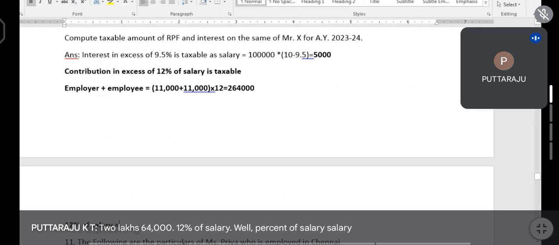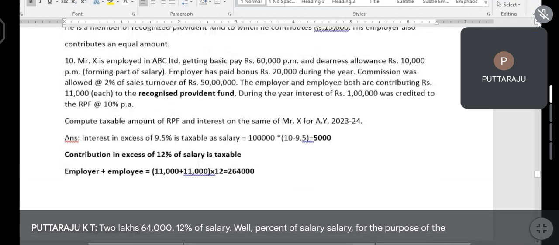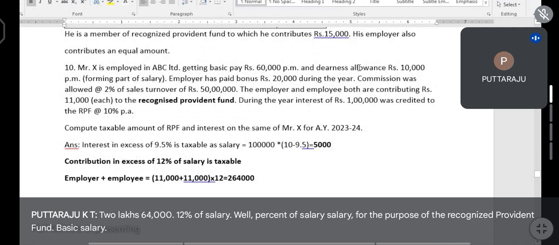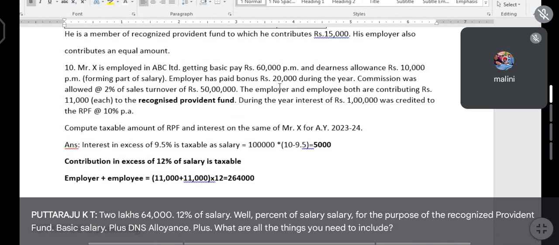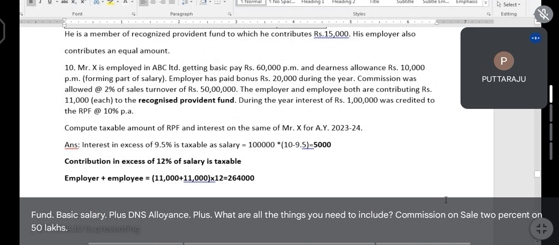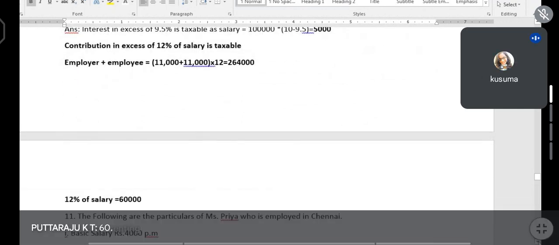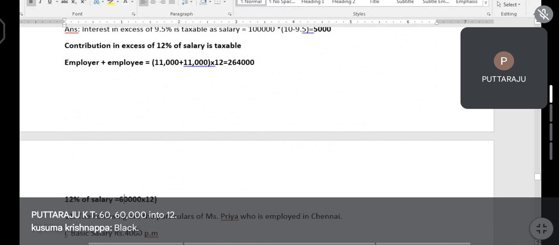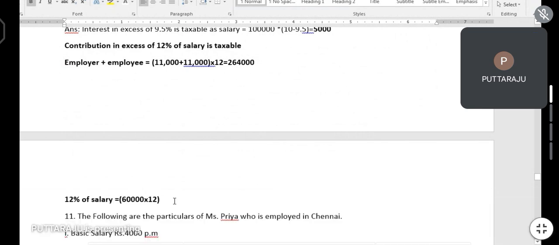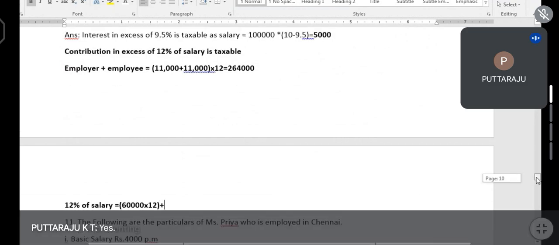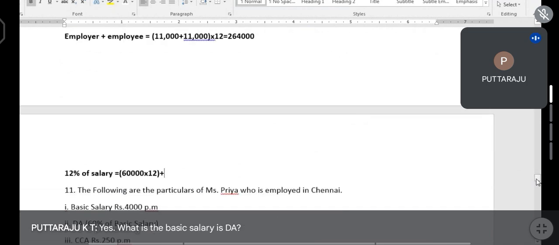12% of salary. Salary for the purpose of the recognized provident fund: basic salary plus DA plus what are all the things you need to include? Commission on sales. 2% on 50 lakhs, how much? One lakh. 60,000 into 12. Basic salary and DA is 10,000 per month. 10,000 into 12 plus 2% of 50 lakhs.